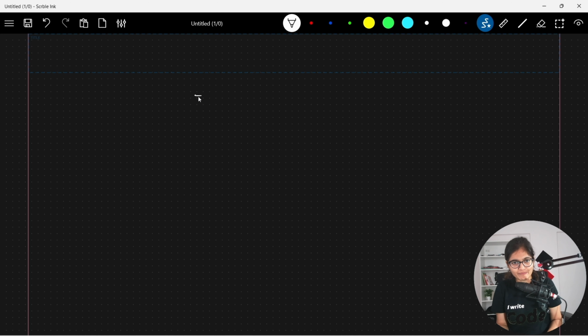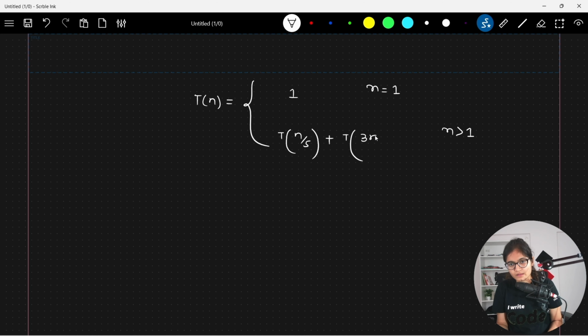For example, you have been given T of n, where when n is a small problem, the value is constant. But when n is a big problem, when it is greater than 1, then T of n equals T of n/5 plus T of 3n/5 plus n. This is the kind of problem that we have.